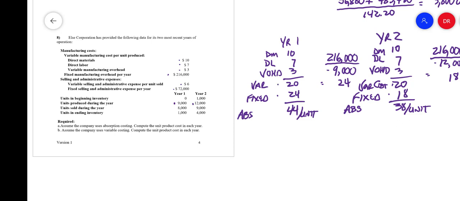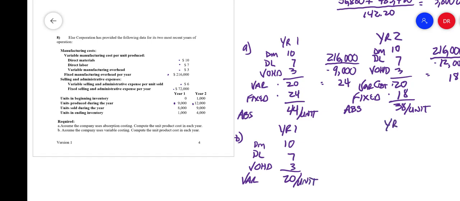Now under letter B, it says assume that they use variable costing, compute the unit cost per year. Well, year one, we've already calculated that up here in part A. So it's direct materials of 10, direct labor of 7, variable overhead of 3, and a total variable product cost of $20 a unit.